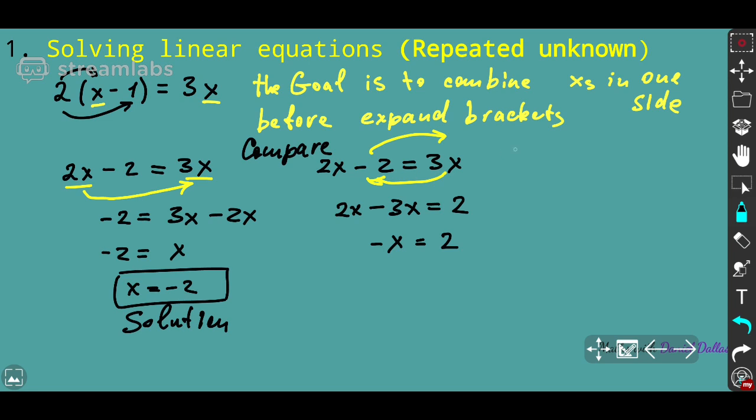So I recommend using the method after analyzing beforehand. So analyze, what if you transfer 2x to the right side? You'll get 3x minus 2x, and that means it will give you positive x. That's okay. So try to transfer to the side that gives a positive coefficient before the final x, okay?